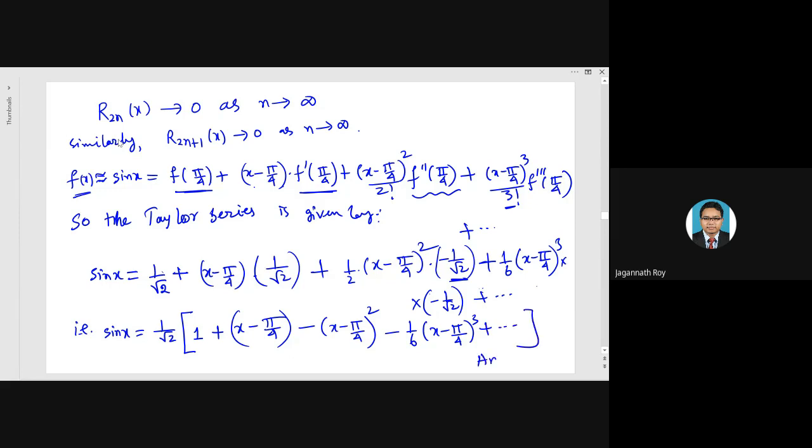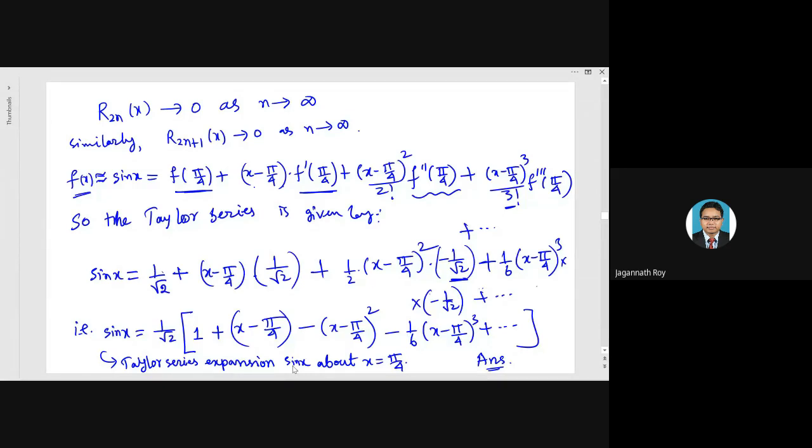So that would be our final answer. Remember, this is the Taylor series expansion of f(x) = sin x about x equals π/4.